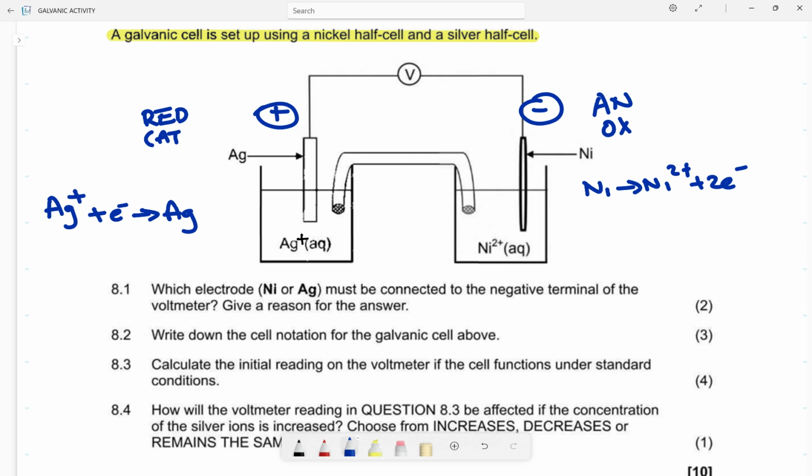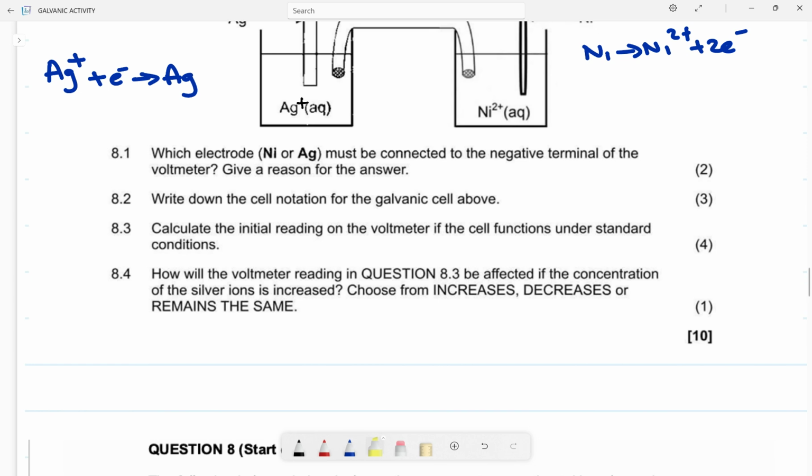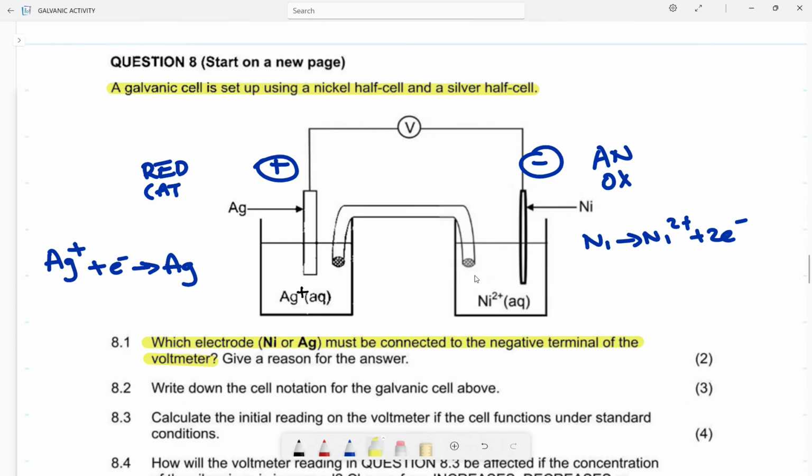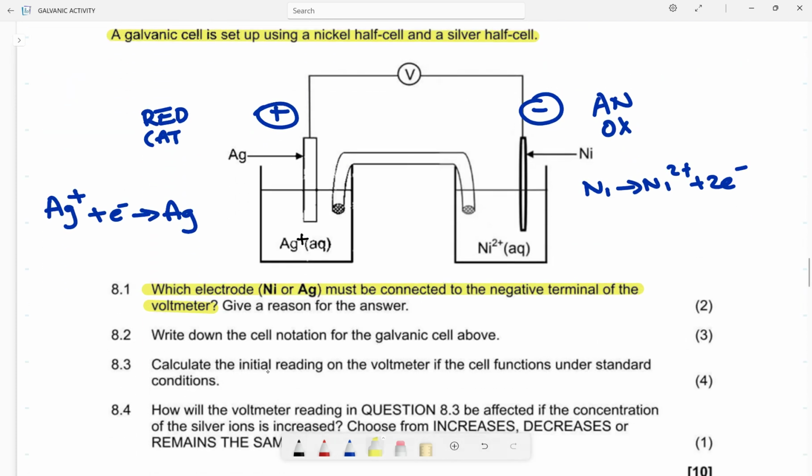So the question says, which electrode, nickel or silver, must be connected to the negative terminal of the voltmeter? We're going to say it is nickel.